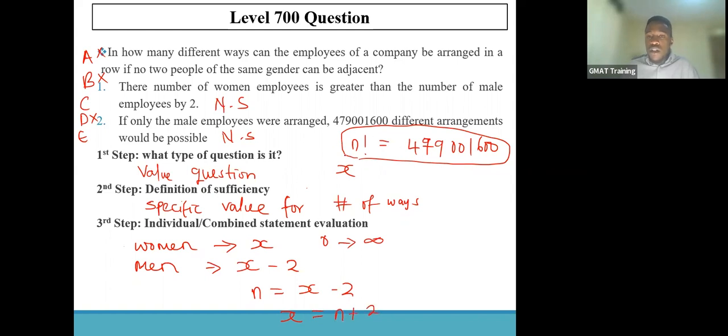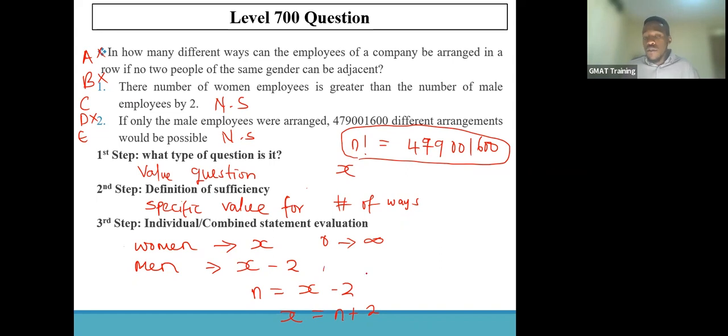So if we are to get this value of n whose factorial is 479,001,600, we would actually get the number of women.